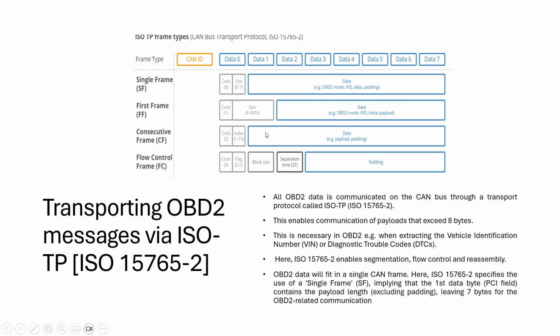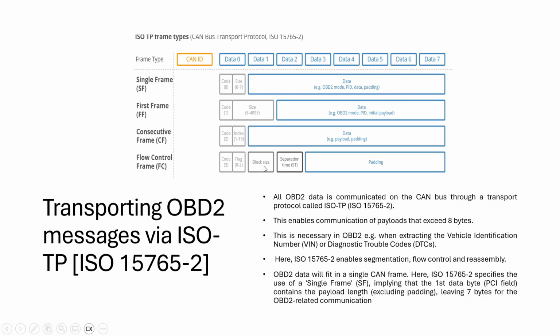There is a specific frame format used for flow control purposes, called the flow control frame. The frame format of flow control is given here. The code 3 indicates the flow control frame, and there is a flag field used to indicate particular flags.